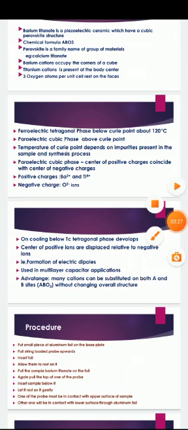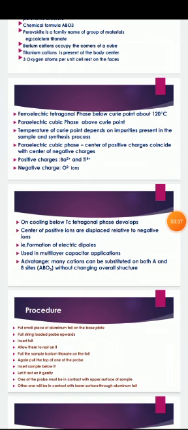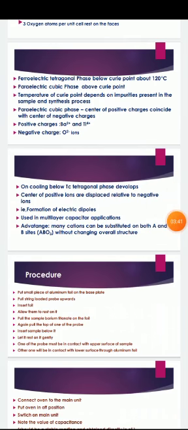Barium titanate possesses a ferroelectric tetragonal phase below the Curie point of about 120 degrees Celsius and a paraelectric cubic phase above the Curie point. The temperature of the Curie point depends on the impurities present in the sample and the synthesis process.